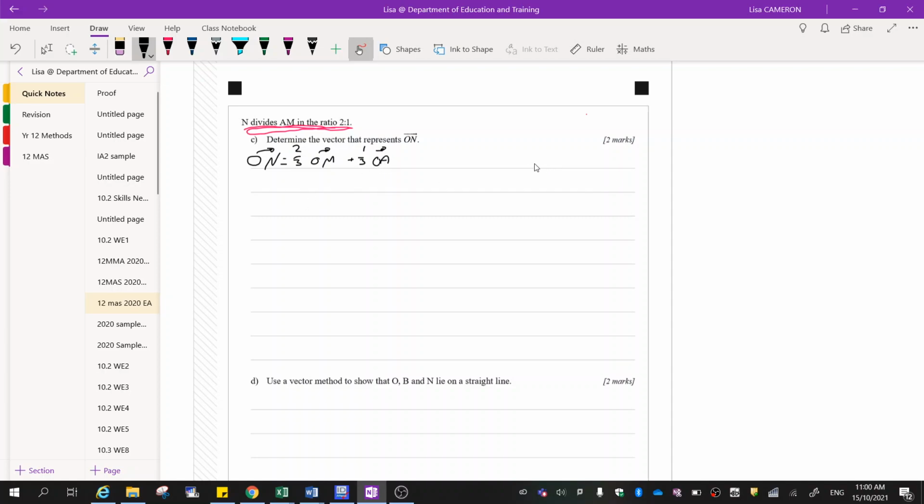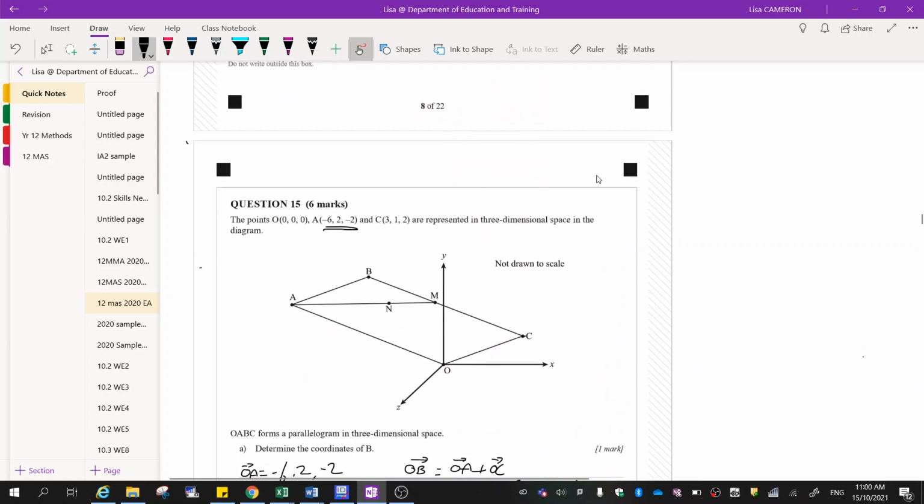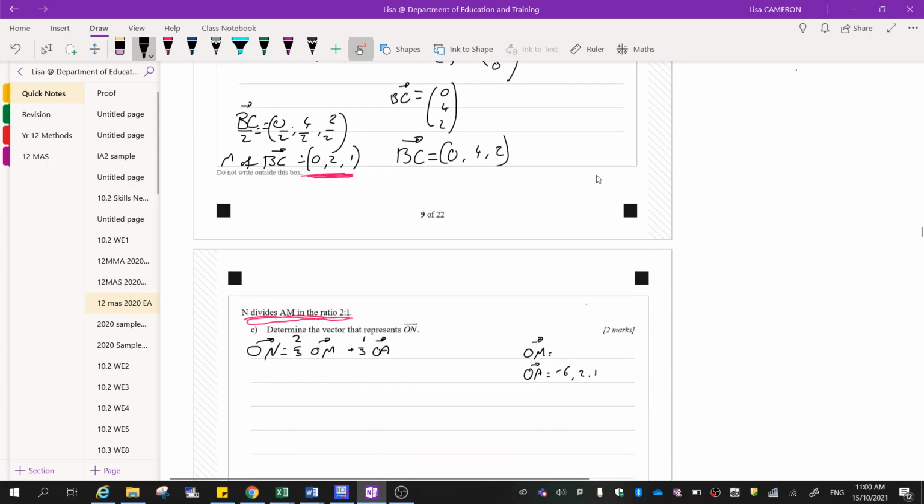Now, I'm just going to write them over here. O to M vector and O to A vector. O to A, if I remember correctly, is -6, 2, and 1. Let me check that. -6, 2, and -2. So close. Shoot.